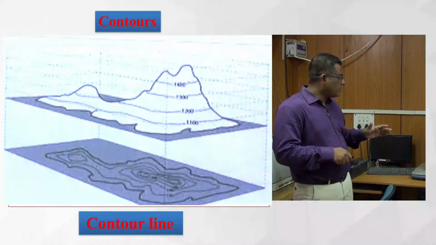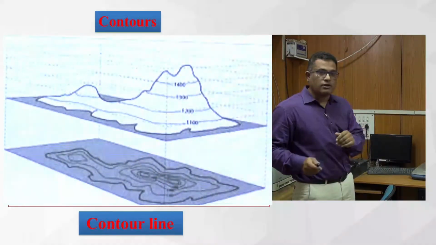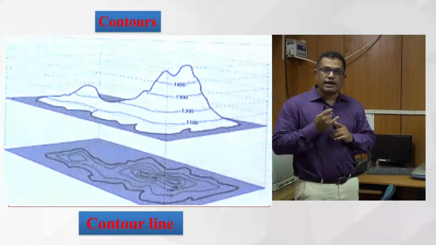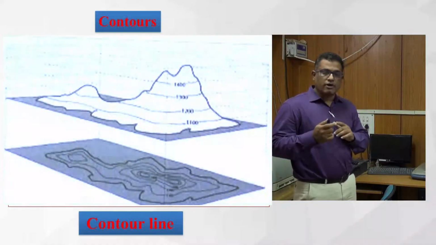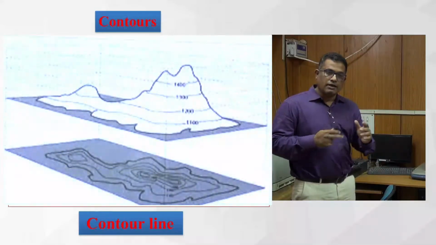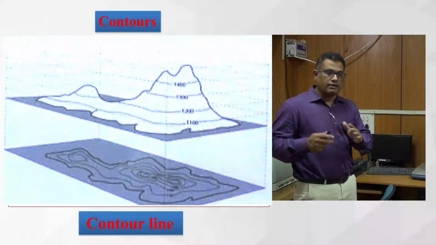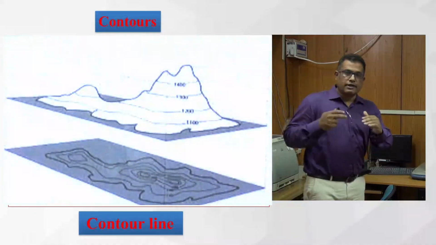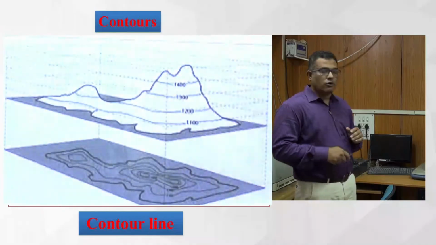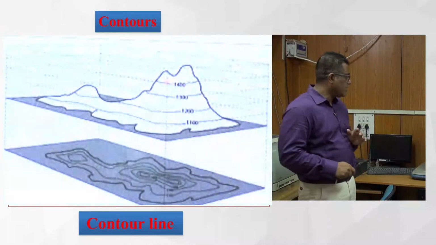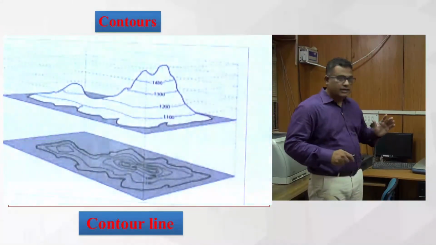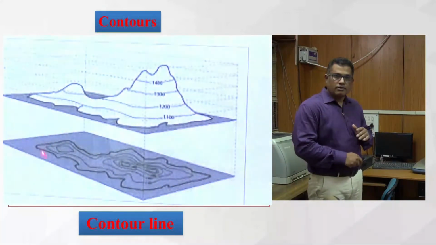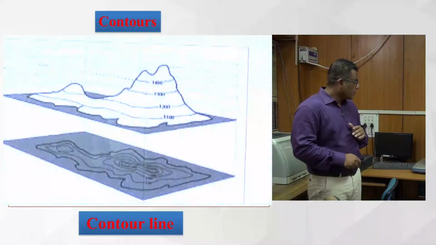If we have to represent this hill on a piece of paper, first of all, we have to decide a scale on which we have to work, the horizontal scale. Then again the vertical scale, at what vertical interval we should be representing each contour. Once the horizontal as well as vertical scale is fixed, then this 3D object can be represented on a piece of paper using a certain scale, converted into 2D.